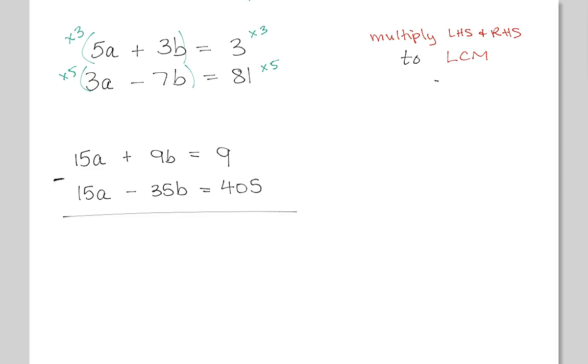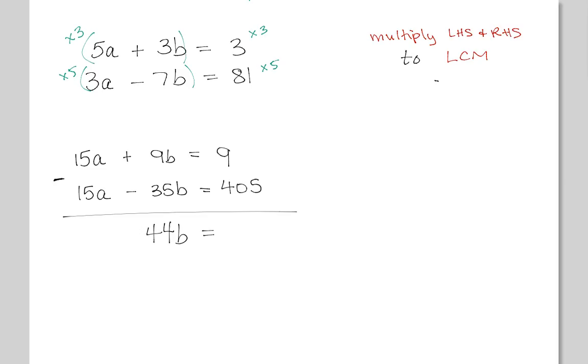Now take a look at the second column. What do you have to do there? Second column, what are you doing? You're subtracting a negative. That's going to be very realistic for you guys, so you have to be aware. So 9 plus 35, 44.